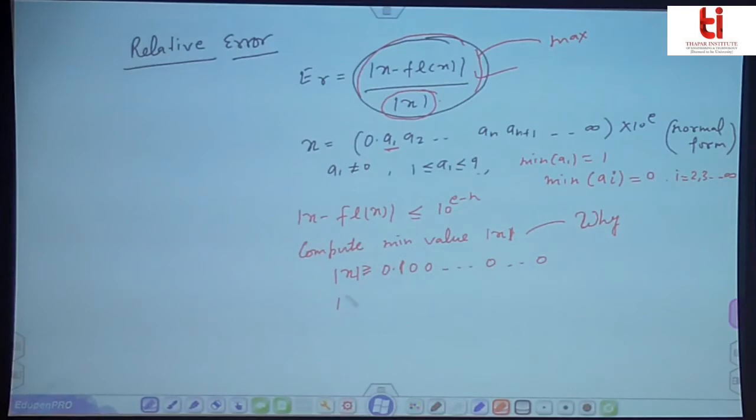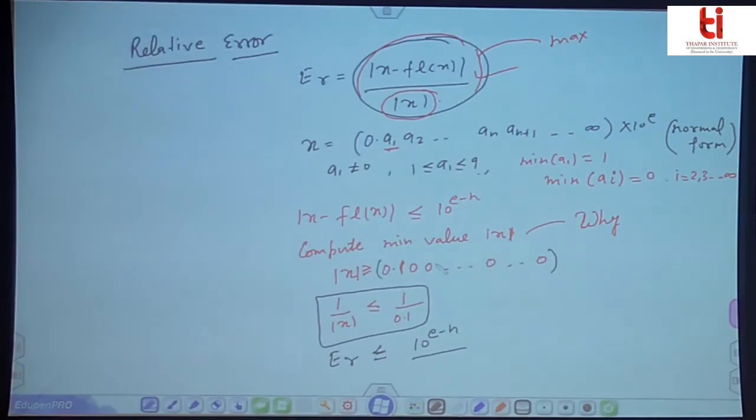So 1 upon mod of x will be less than or equal to 1 upon 0.1, from here. So the relative error is less than or equal to 10 raised to power e minus n, which we have computed already.